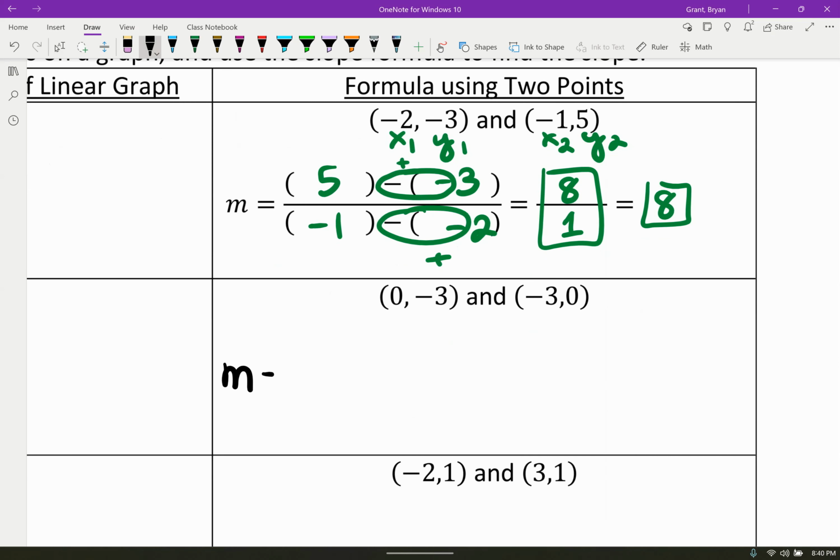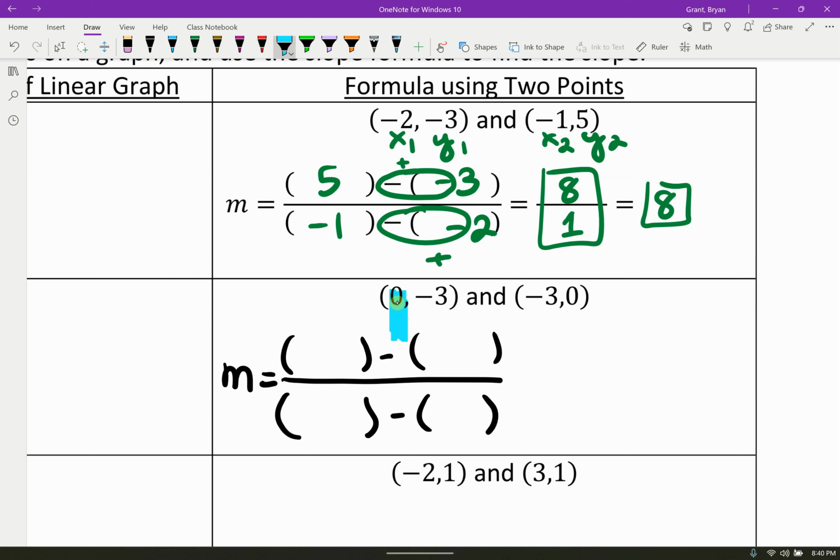M equals, we're going to set up our parentheses like so, and we'll label our points. X, Y, X, Y, X1, Y1, X2, Y2, and the more you practice, of course, the better you're going to be at this. The second Y, first Y, second X, first X. Okay.